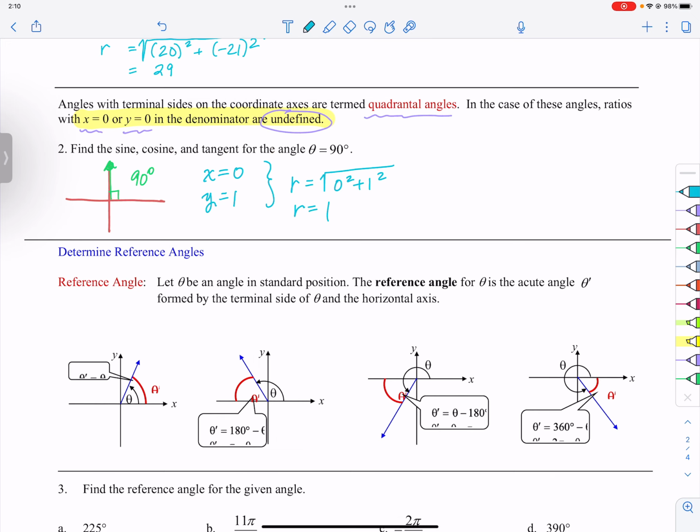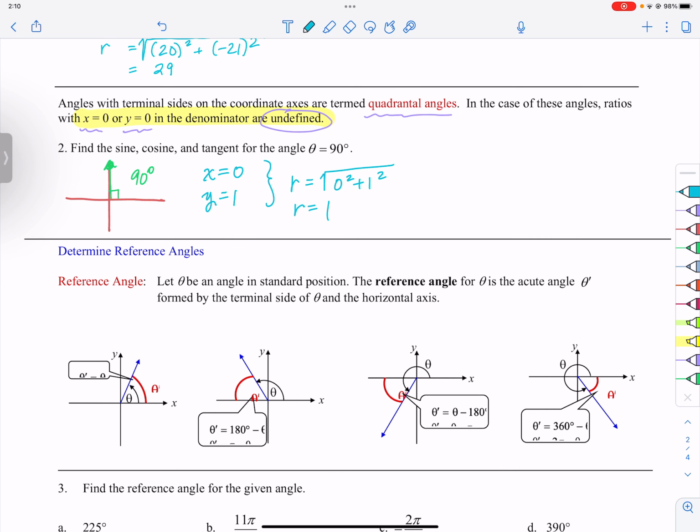So now we can go ahead and find the sine, the cosine, and the tangent of 90 degrees. So we'll start with the sine of 90 degrees. And remember, the sine is y over r. And that's going to be equal to 1 over 1, and that's equal to 1.